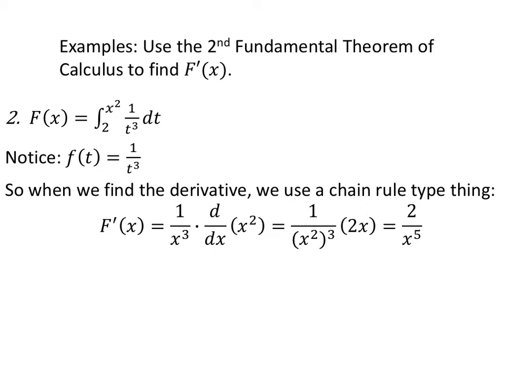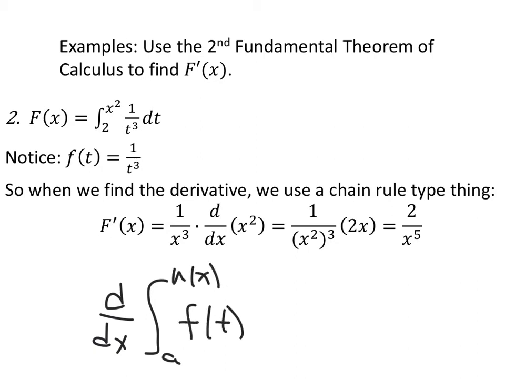But now we have something else going on, and it occurs to me that maybe we should write this derivative differently. The derivative of the integral from a to u of x of f of t dt equals little f of x. That's not true.